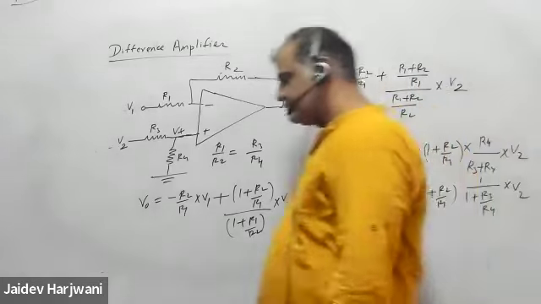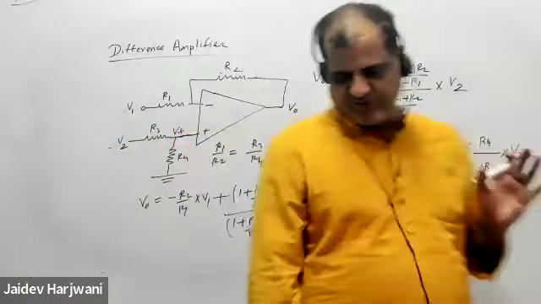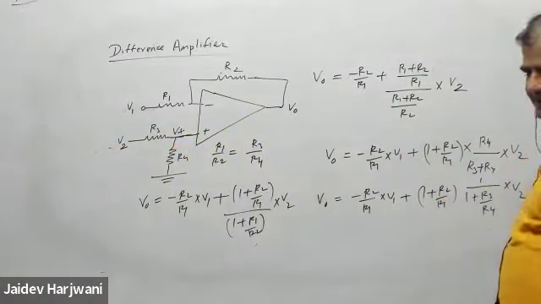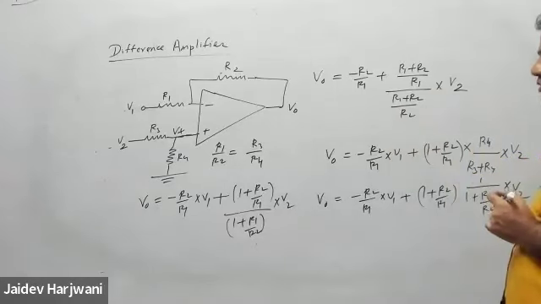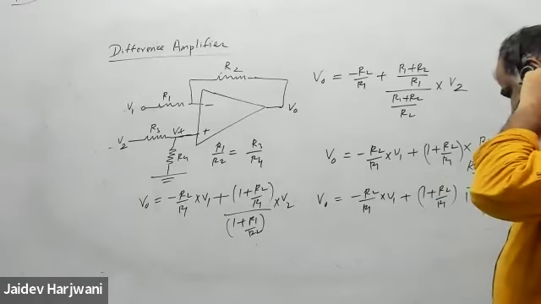Note down, this is a special case. Actually, our answer is up to here only, but if these ratios are given, then we can simplify it a little bit more, because I want to write this formula in a particular form.